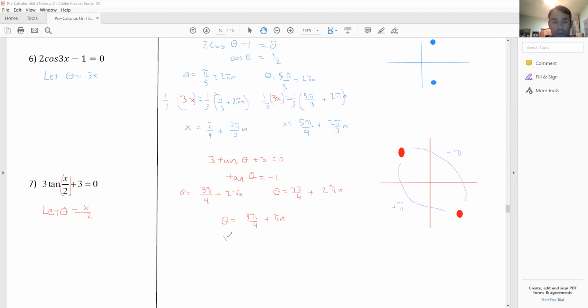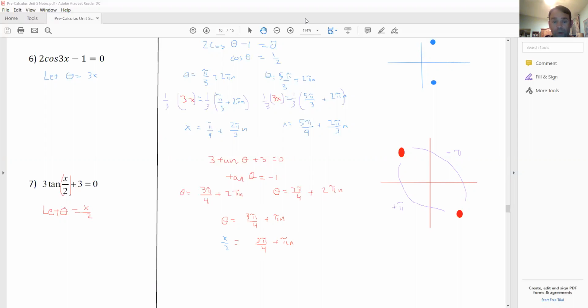Now we go back and we plug x over 2 in for theta: x over 2 equals 3 pi over 4 plus 2 pi n. Oh, plus pi n. So we have to link it together before we put it back in there and deal with the multiple angle.